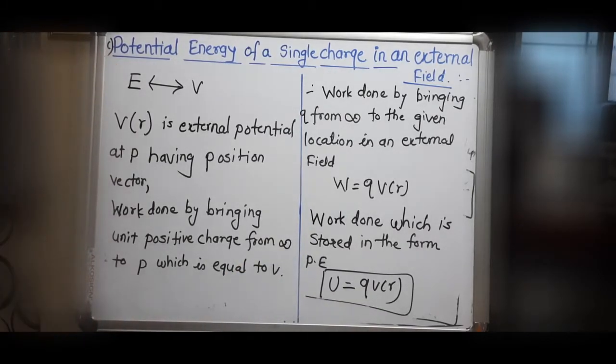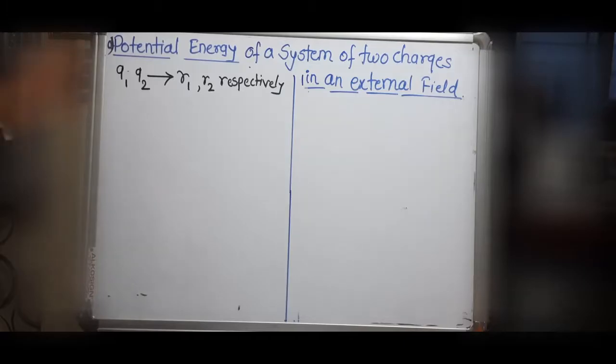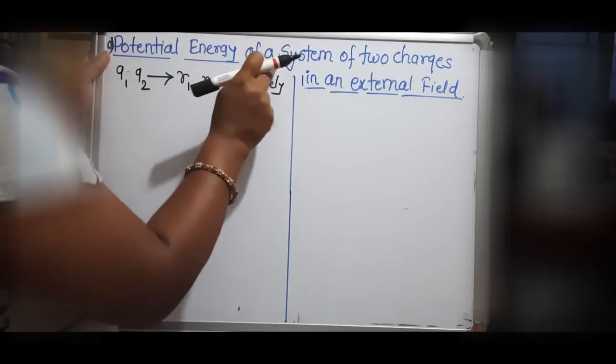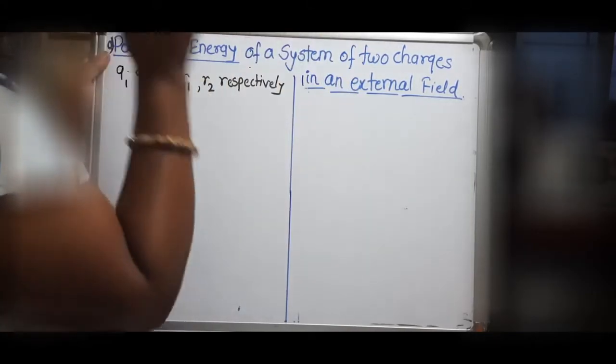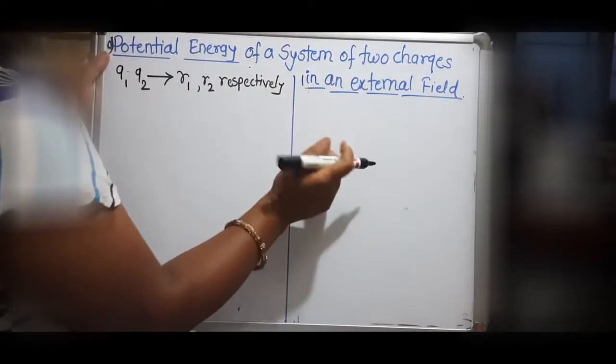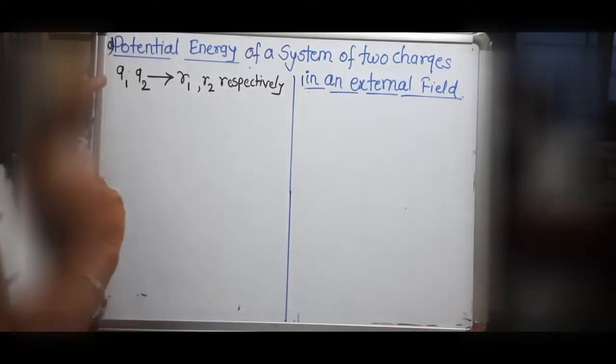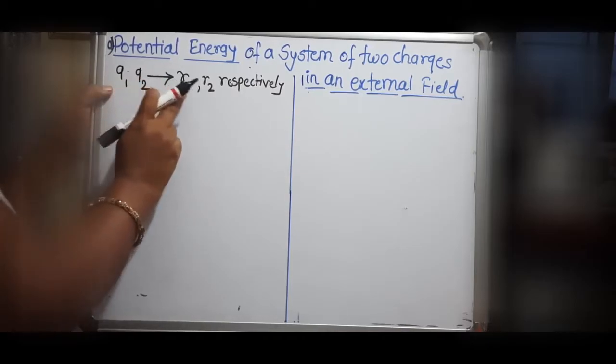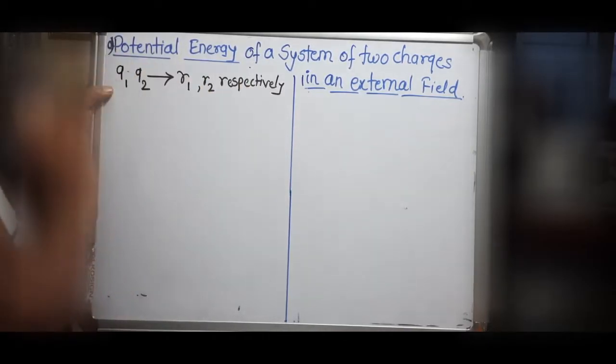Then next, the point D is the potential energy of a system of two charges in an external field. Here we calculate the potential energy of a system of two charges placed in an external field. We consider two charges Q1 and Q2, placed at R1 and R2 respectively.